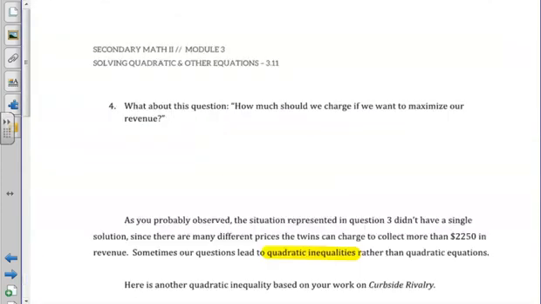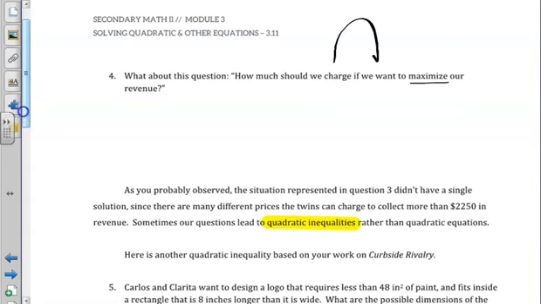The next question says, how much should we charge if we want to maximize our revenue? So think back to when we talked about parabolas. When we want to maximize our revenue, we have to figure out what that point is right there. And if you recall from Unit 5, that point would be our vertex. So we're going to have to figure out the vertex form of this quadratic equation.